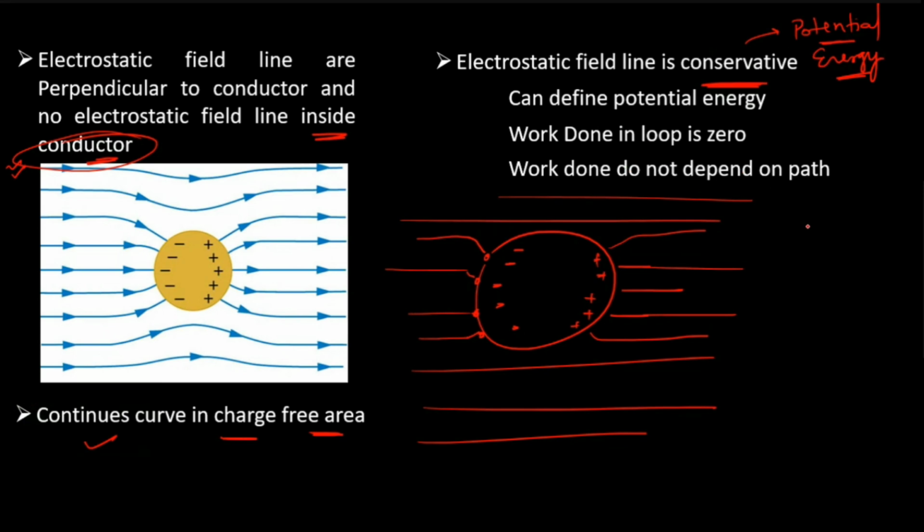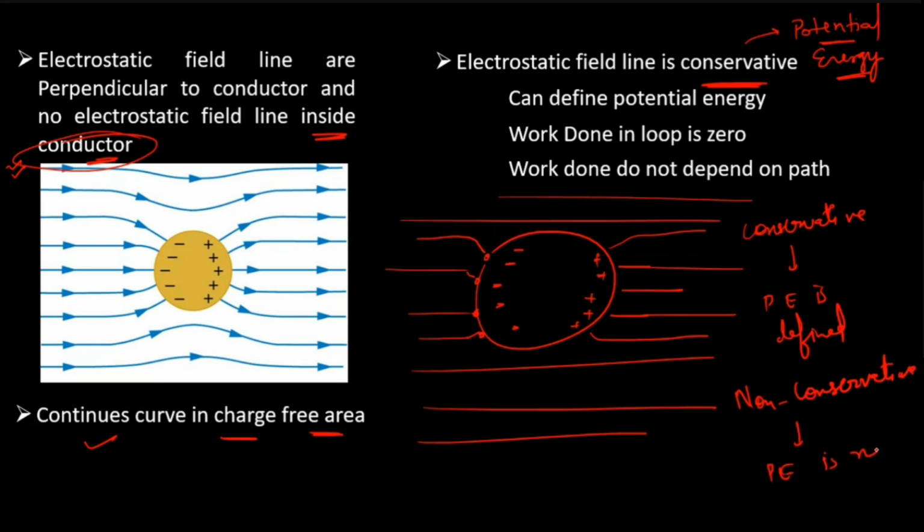Conservative forces are those for which potential energy is defined, whereas non-conservative forces are those for which potential energy is not defined. So what is defined for them? For them it is kinetic energy.